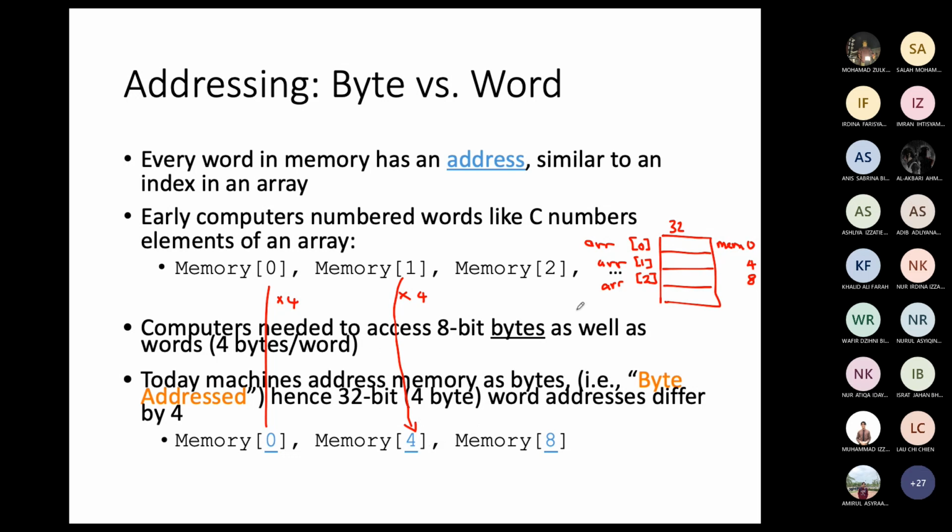So byte address 4, and for array 2 times 4 means byte address 8. The keyword is that you times 4.